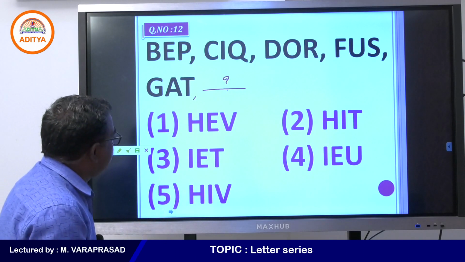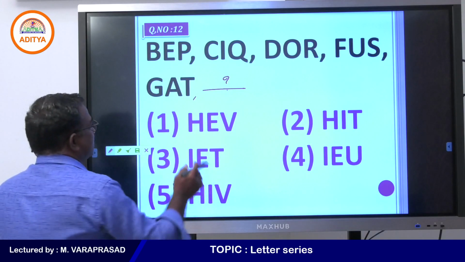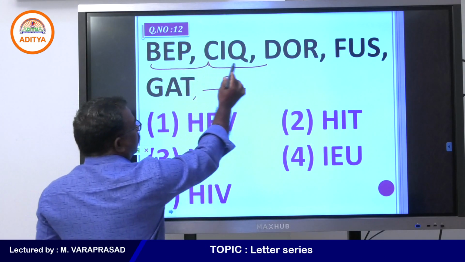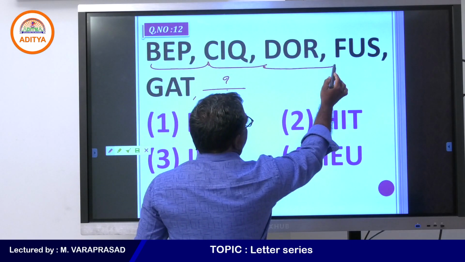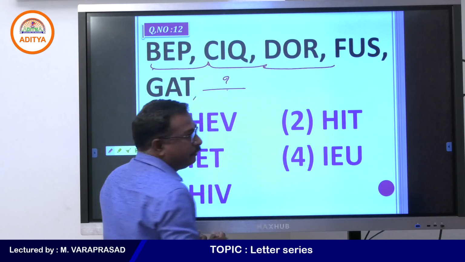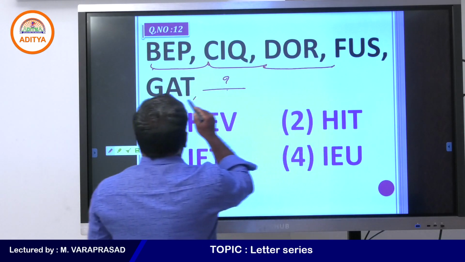What is the pattern of the first series? The pattern of the first letters is B, C, D, then the fifth is missing, and the sixth is written and the seventh also.